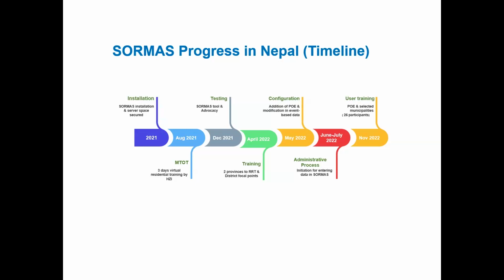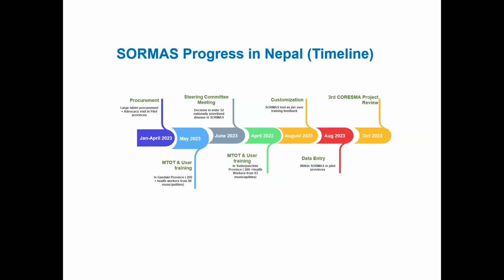And then in November 2022, we provided training to some selected municipalities in Sudur Paschim province and the point of entry staff to use the SORMAS tool and enter data. And from May 2023, we started training on a massive scale, training all the health workers, rapid response team members, and health coordinators of each local level, along with the focal persons and managers of the province health directorate and line ministries. We trained more than 200 people there.